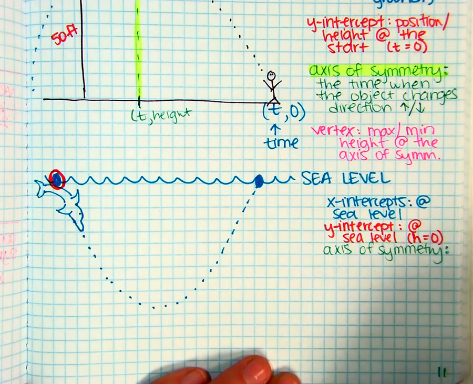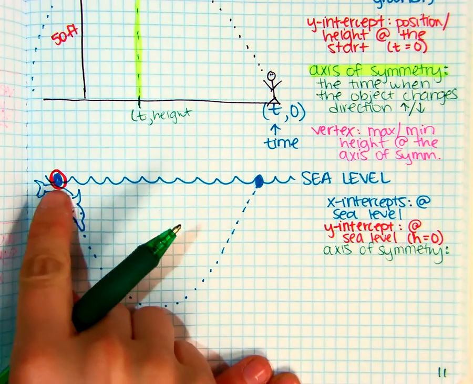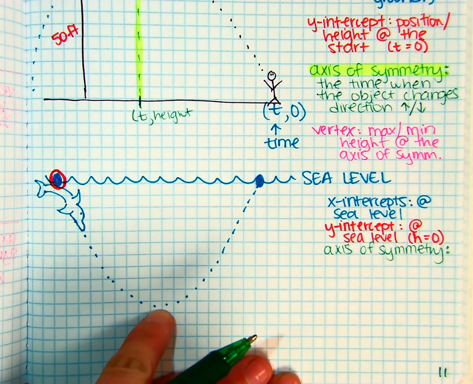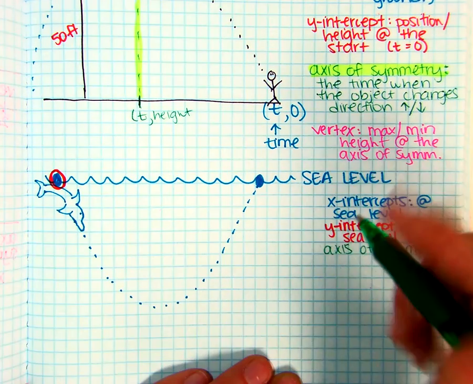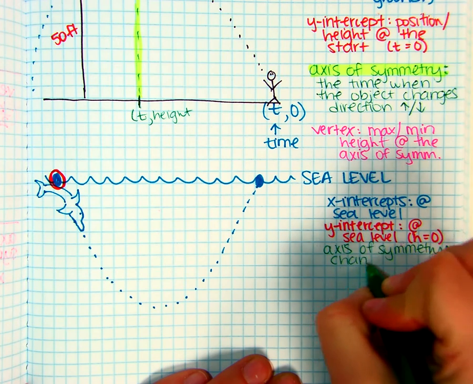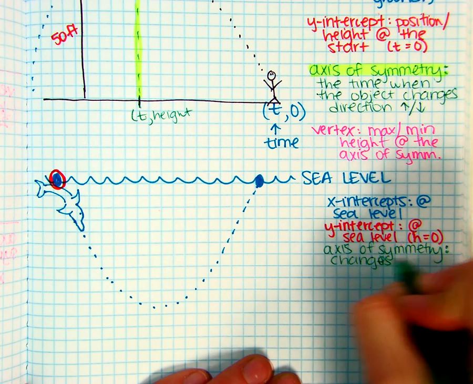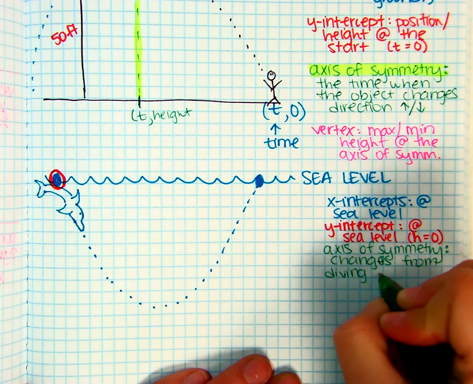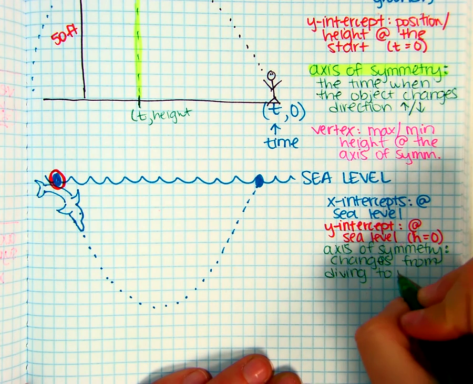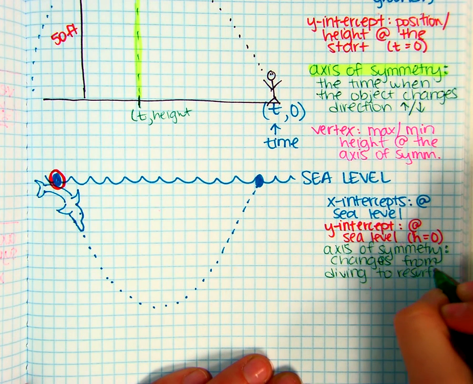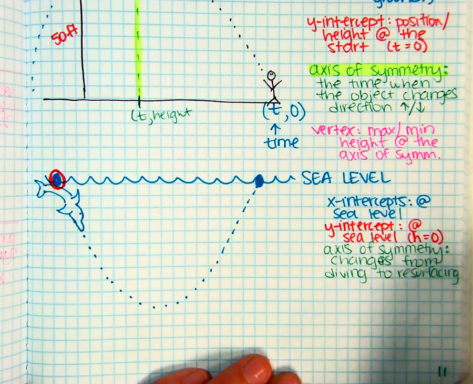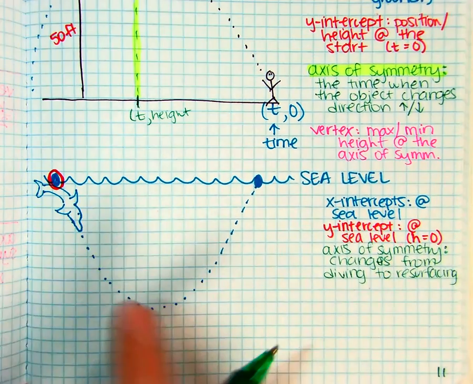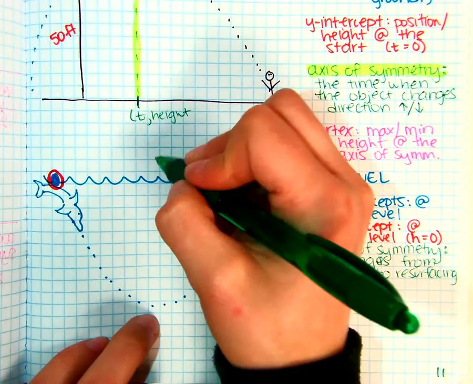That's up to you, as long as you can explain that it goes down as far as it can and then back up. So it changes from diving to resurfacing. Instead of going down, it's coming back up. So that's going to be right around here.